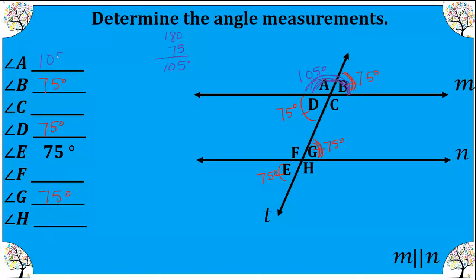So 105. We know that A and C are vertical. So C is also 105 degrees. We know C and F are alternate interior. So F is also 105 degrees. And then we know that H and F are vertical. Therefore, H is also 105 degrees.